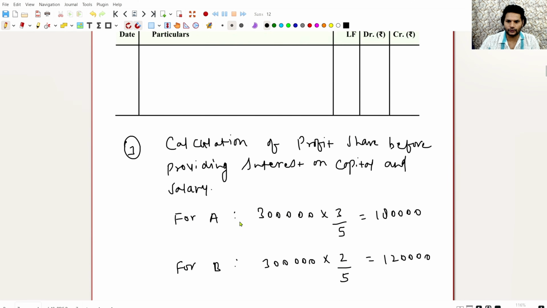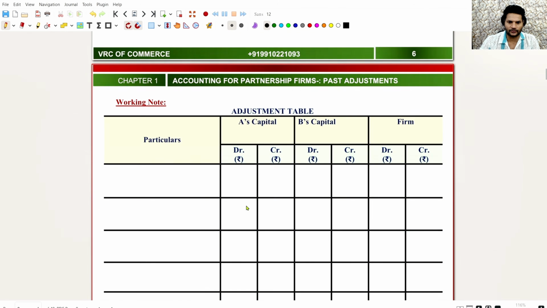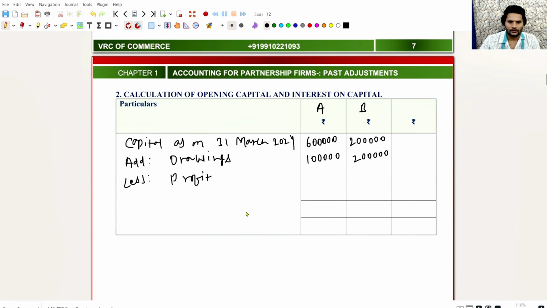So let's put this into the working note: 180,000 and 120,000. So this will give you the opening capital.